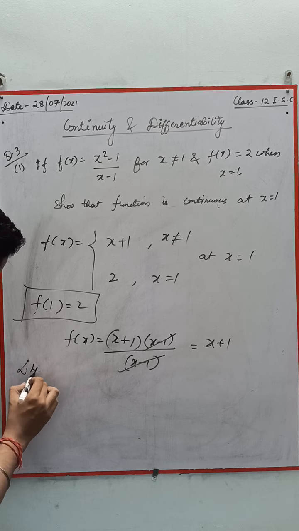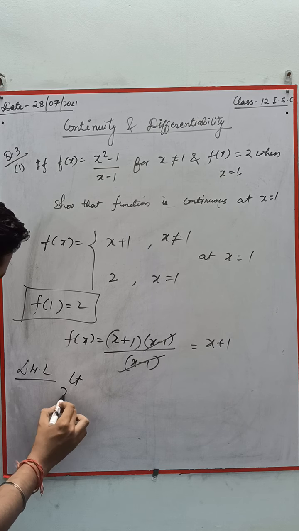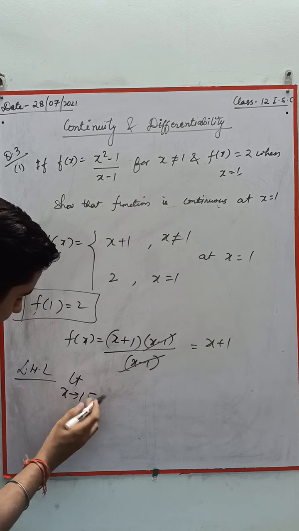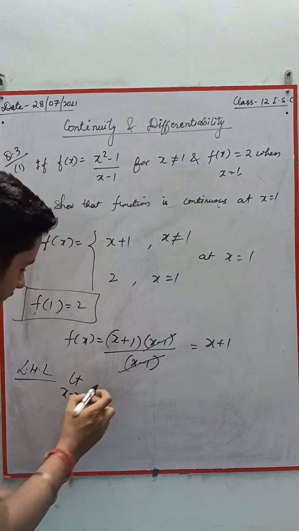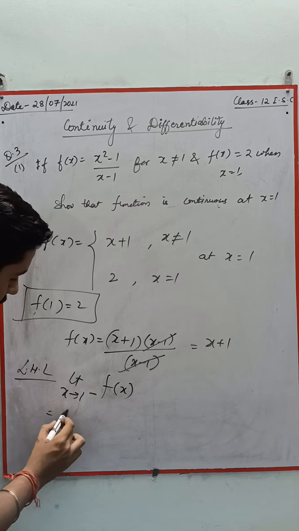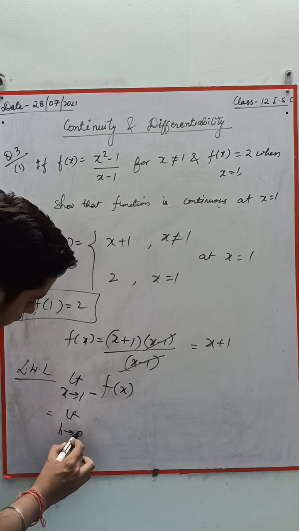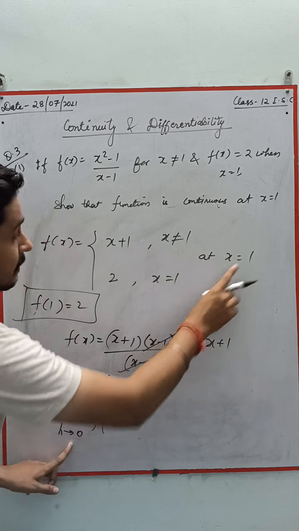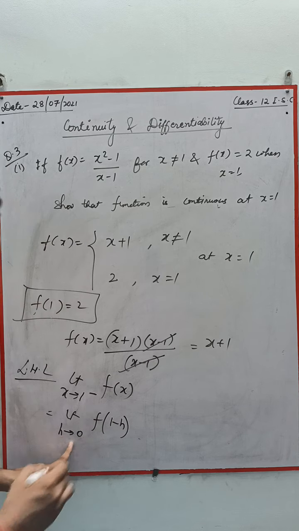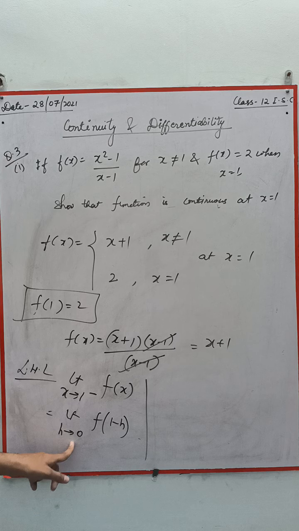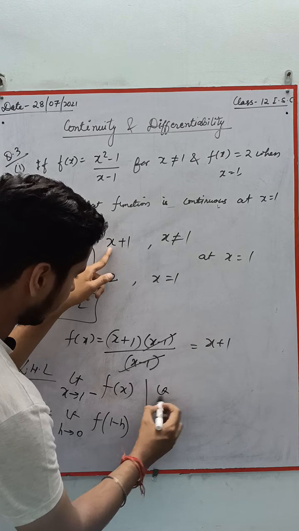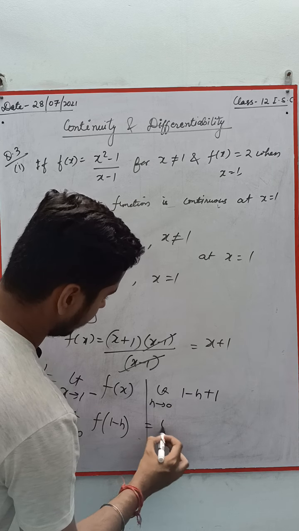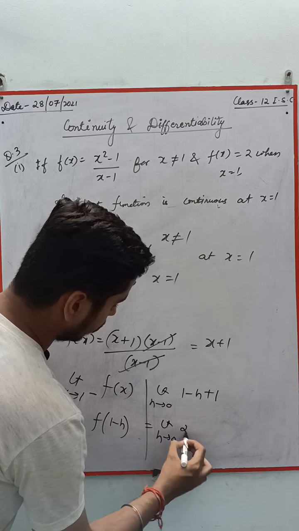Let's see the LHL. For LHL, we know the limit is x tends to 1 minus, because at 1 we are checking, and we are going to find its value on f(x). So limit h tends to 0, f(1 − h). Now put the value of the function here: limit h tends to 0 of (1 − h + 1), which is 2 − h.